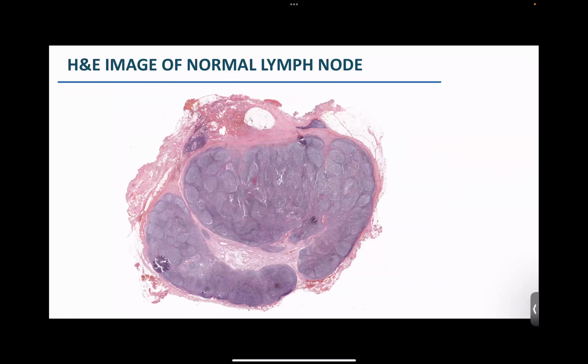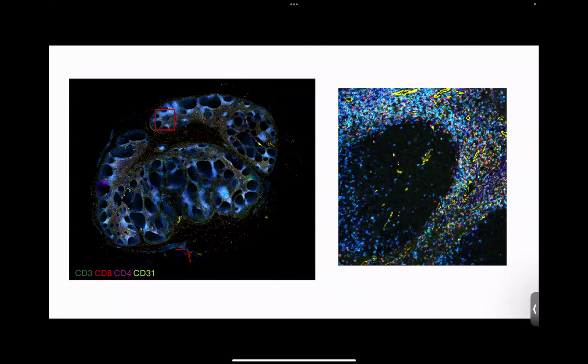So as a reference, we have here an H&E image of a normal lymph node, and from this, we performed CODEX and then performed data analysis, and these were the images we were able to generate. From this, we can see that this healthy lymph node was positive for certain markers, and we can also see that there is an organized follicular structure in these healthy lymph node samples.